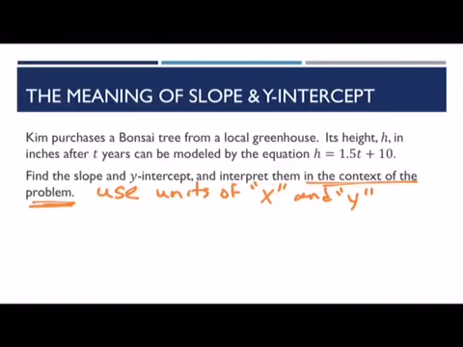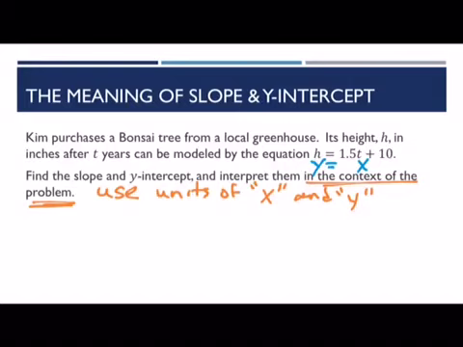If I were to replace h with y and t with x, then this would look like y equals mx plus b. To find the slope and the y-intercept, you don't have to make any calculations, you just have to pick out what they are based on the numbers in the equation.